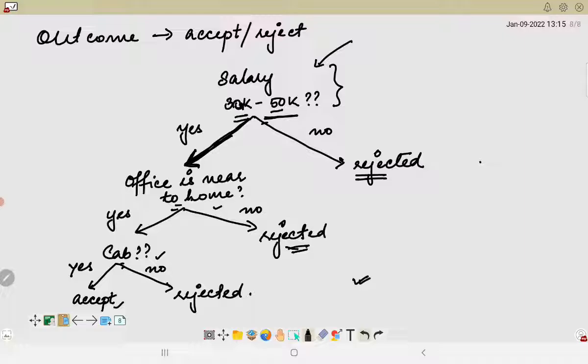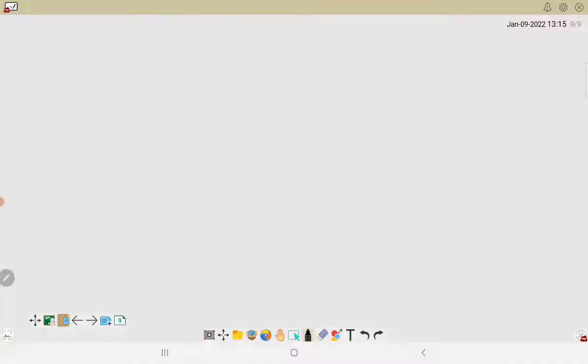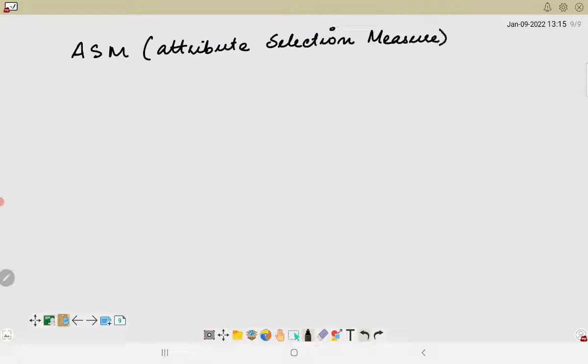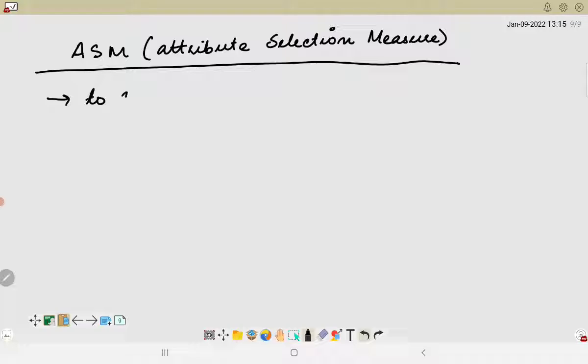Now, as already mentioned, the best attribute could be selected using the attribute selection measures. So ASM, or the attribute selection measures, would be helping us to identify the best attribute at that particular point. Attribute selection measure is basically a mathematical component of any decision tree. While implementing a decision tree, the main issue arises of how to select the best attribute.